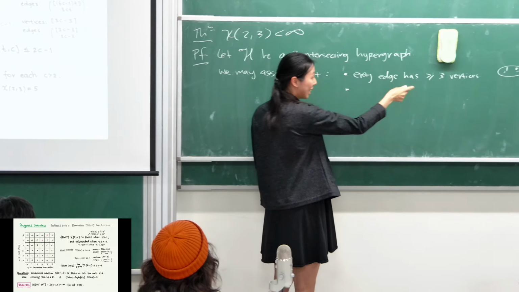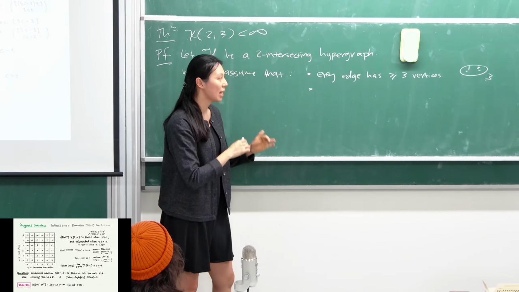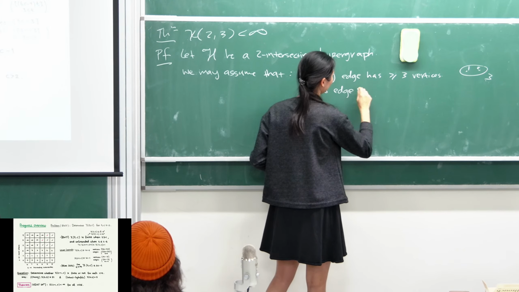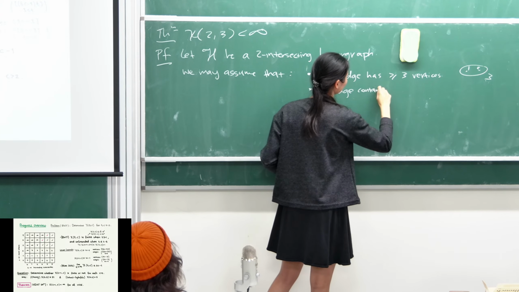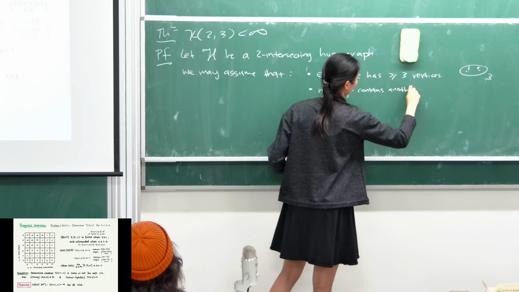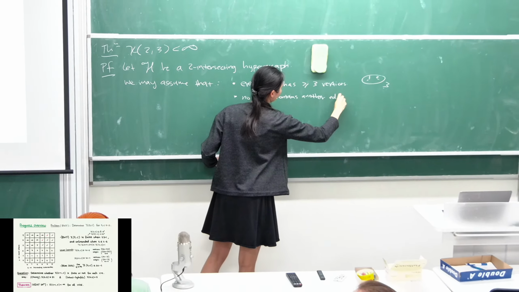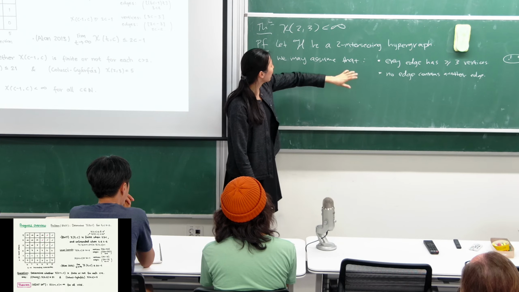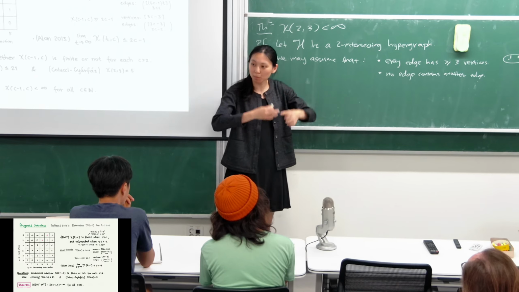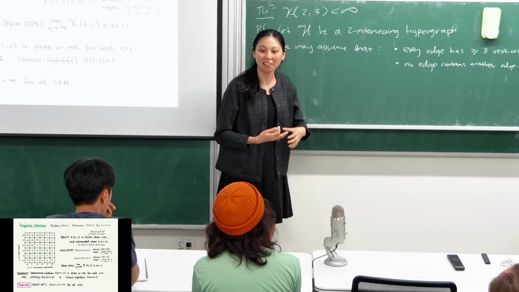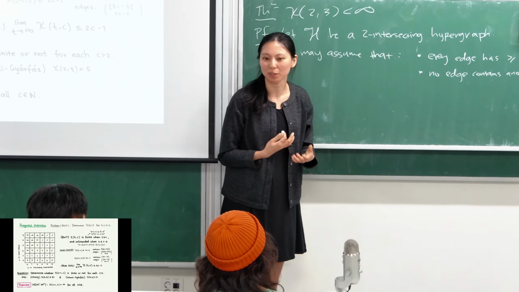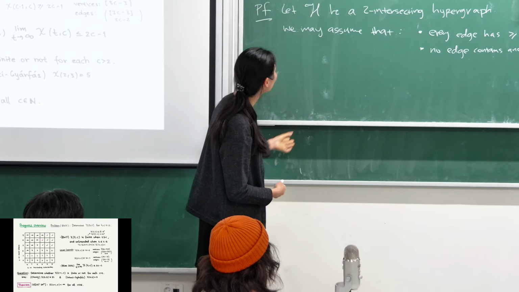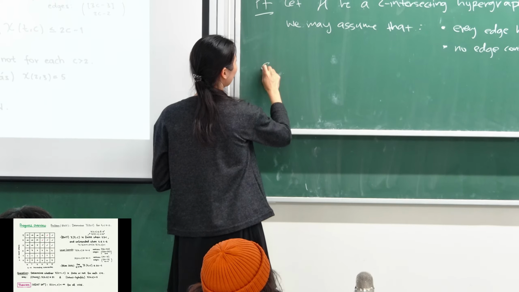On a related note, the second thing I'm going to assume is that no edge contains another edge. Okay, this is also an easy one we can take just because if we have a good 3-strong coloring, if the small edge is 3-strong colored, then so is the big edge. So we didn't really need to worry about it. Okay, so I'll just assume these. And now I'm going to go into 2 cases.